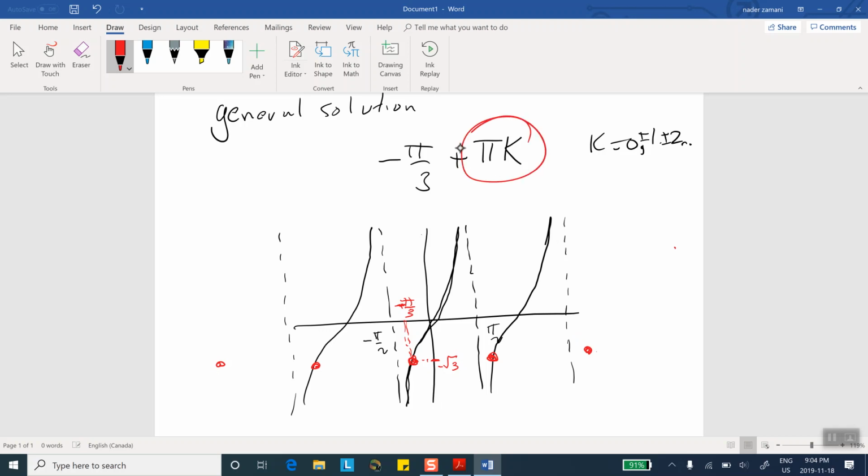So that is what happens when you add multiples of pi. You go to the right by pi units, you go to the left by pi units, and you pick up all these solutions, all the places where tangent intersects this horizontal line. So this is what we have been doing. All right, I'm going to stop this and go to the other box in a second.